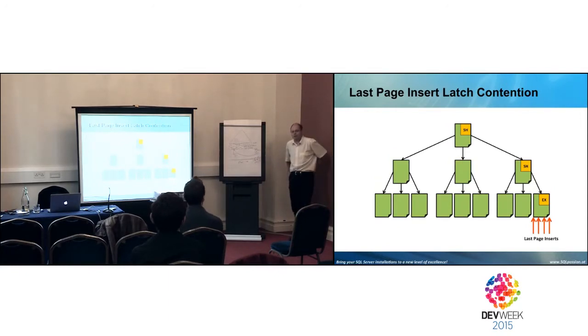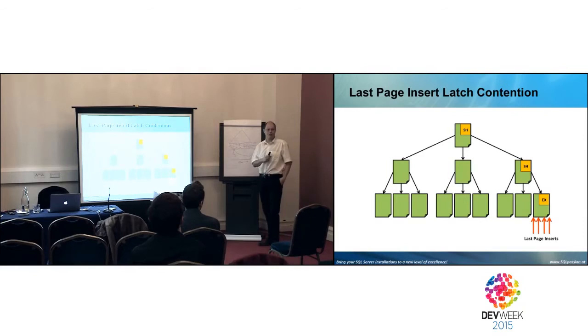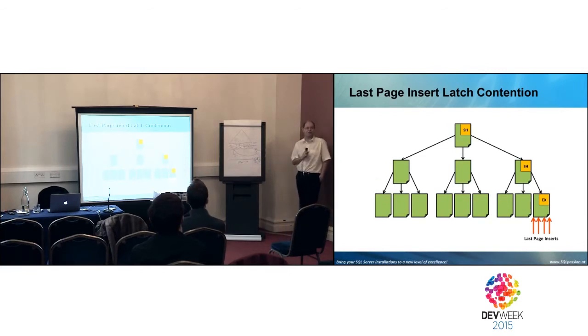When SQL Server changes a page in memory, for example, when we add a record to that page, SQL Server has to lock that page in memory with a so-called latch. This means that when you make an insert on that page, nobody else can read that page at the same time, and nobody else can write to that page at the same time.